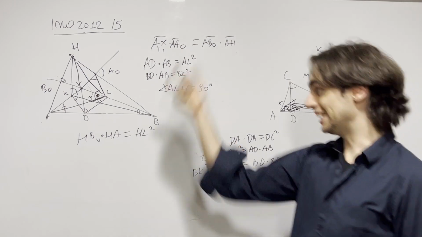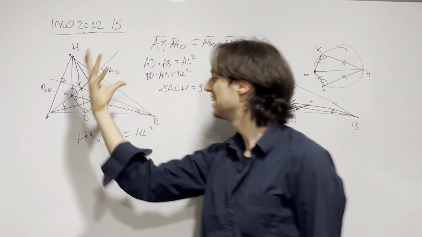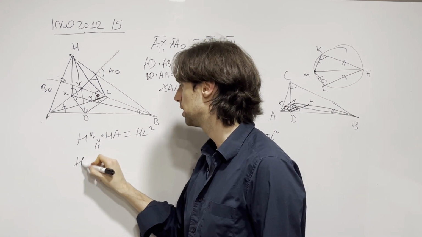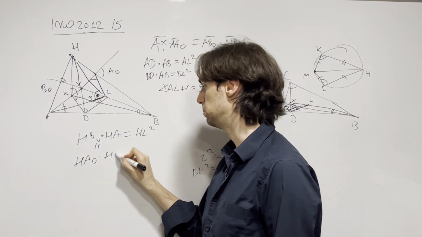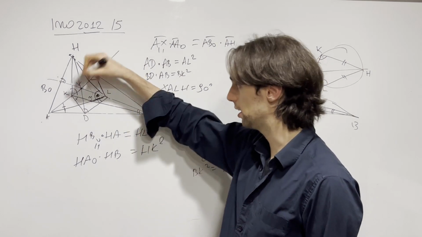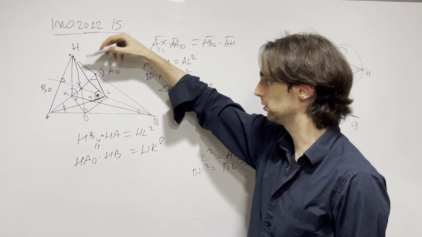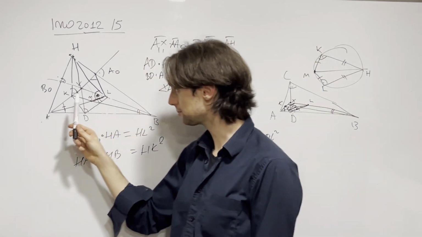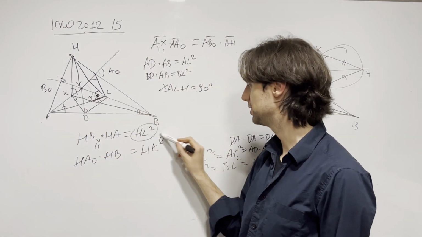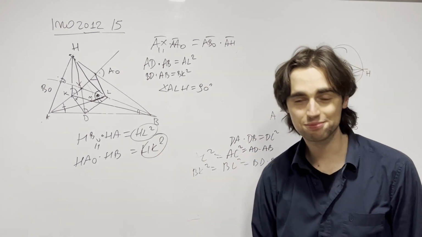And from here, we have that this is also equal to, mind you, HA0 times HB, which is equal to HK squared. On the other hand, on this 90-degree triangle, HKB. And so HL is equal to HK.